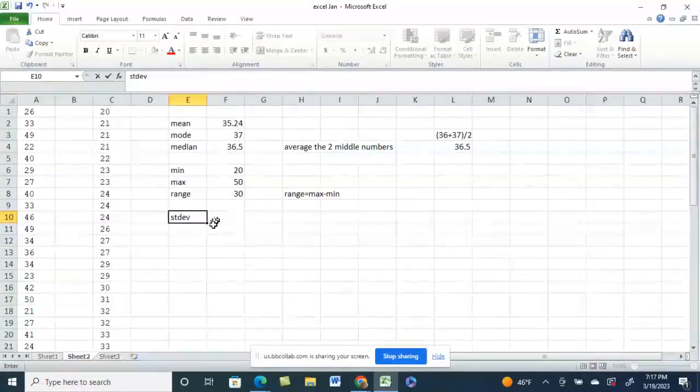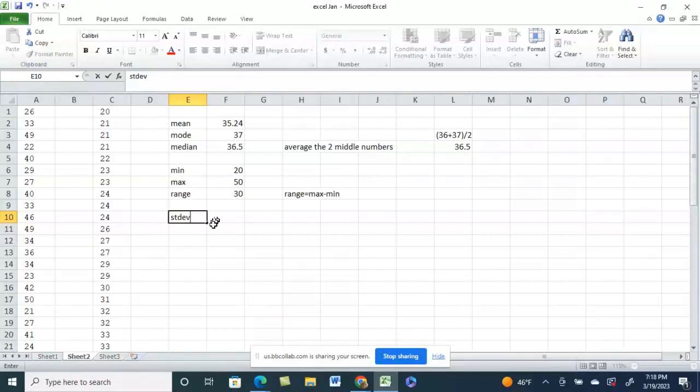So there's two types of standard deviation. There's population standard deviation, which means it's the whole population. And if you look up the formula for it, there's a step where you divide by n. And n is the number of things in your population.